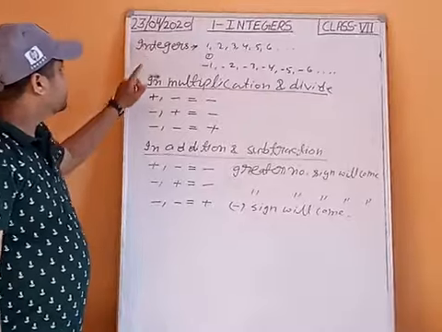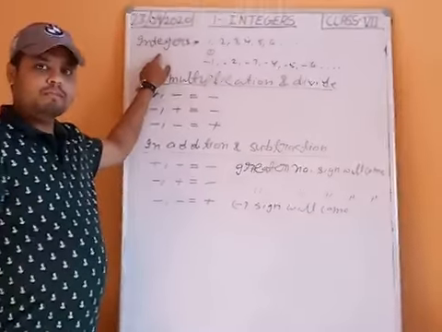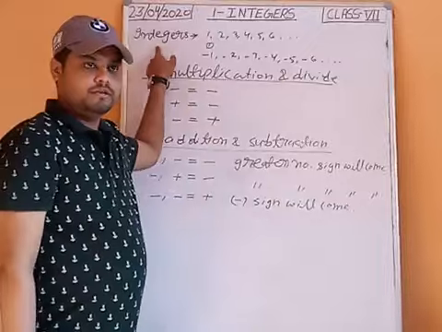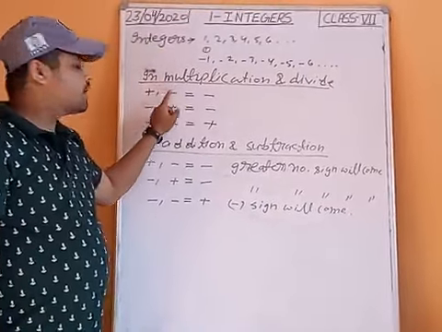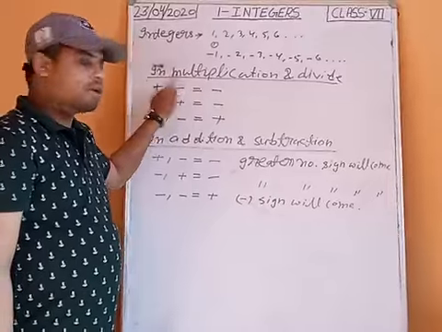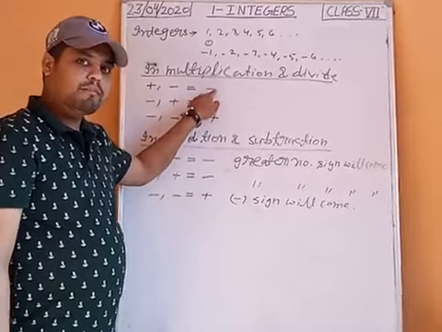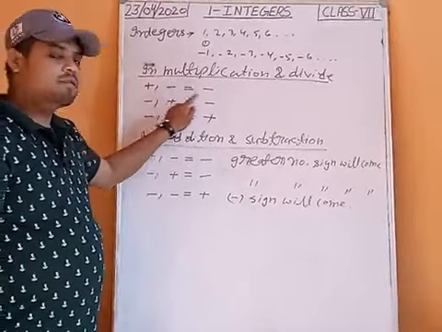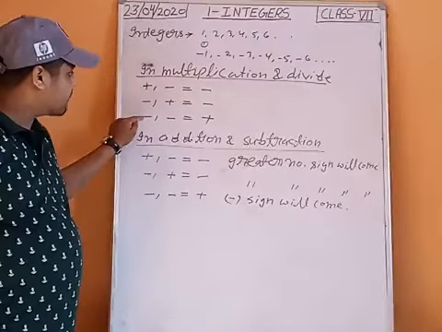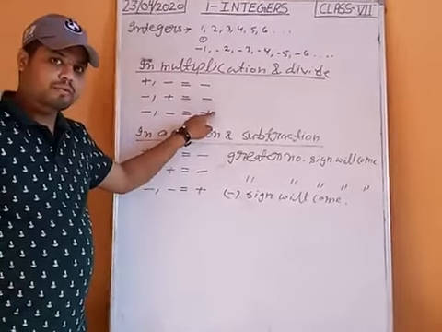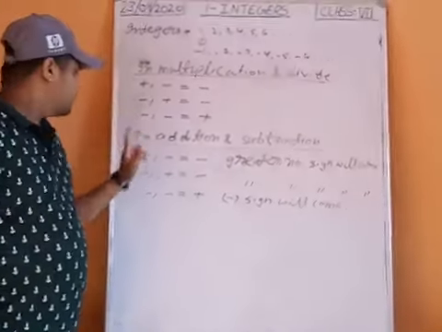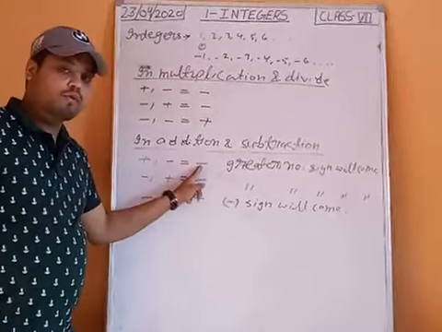So, integers: all the natural numbers, 0 and negative of all natural numbers are called integers. When we multiply and divide integers, first is positive, second is negative, plus minus, which sign will come? Minus. Minus plus, which sign will come? Minus. And when both are negative, minus minus plus. Now in the case of addition and subtraction, plus minus minus, what will we do?